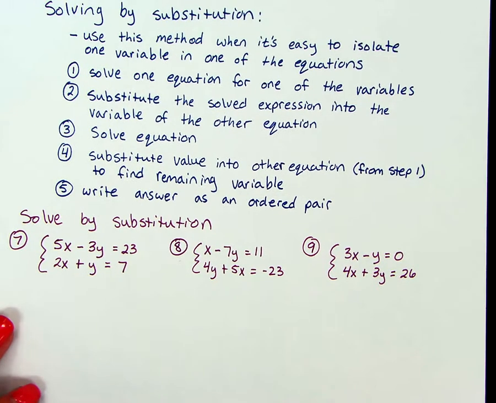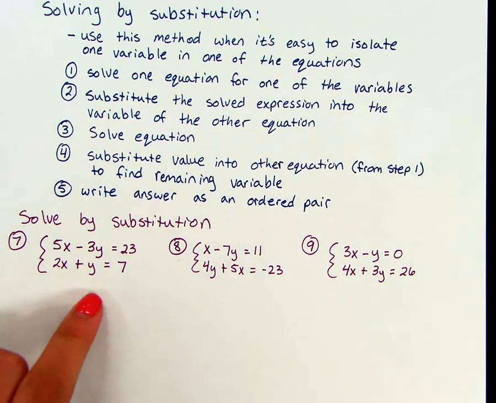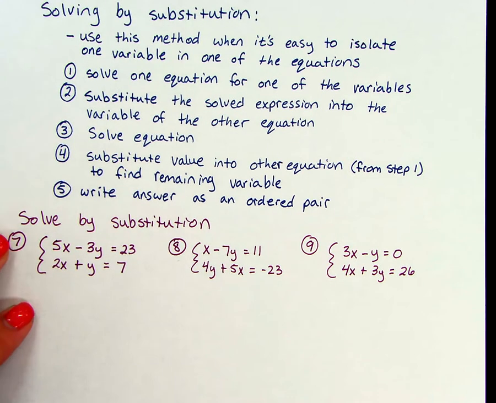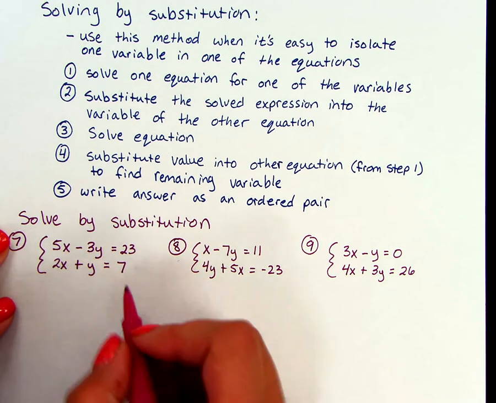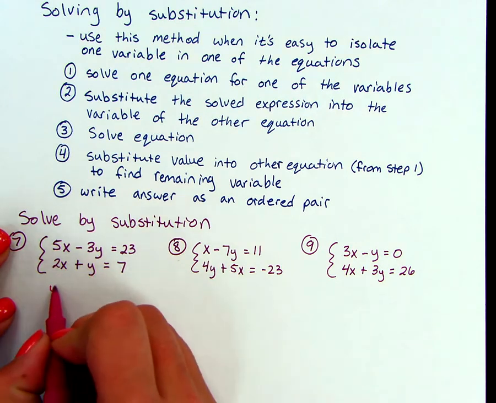So when we look at 7, I'm going to pick one of the variables to solve for, and it's whichever one I think is the easiest. So when I'm looking at this, y in the second equation is going to be really easy to solve for. So that's going to be my first step. To get this y by itself, I'm going to subtract the 2x.